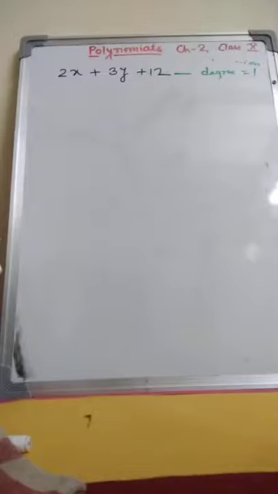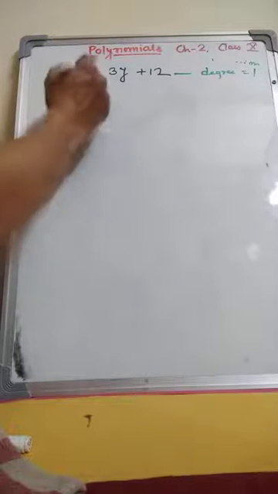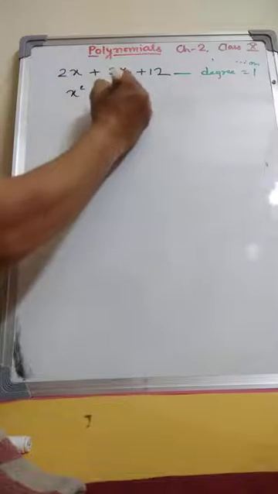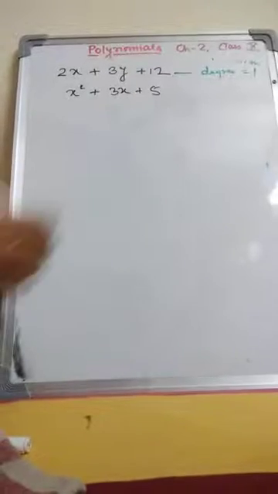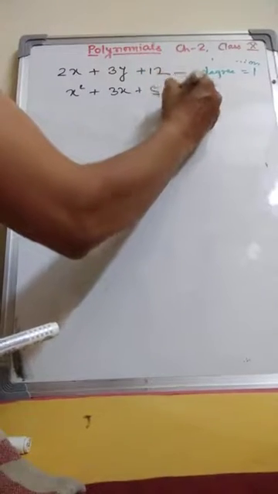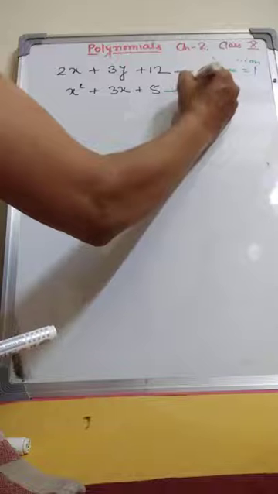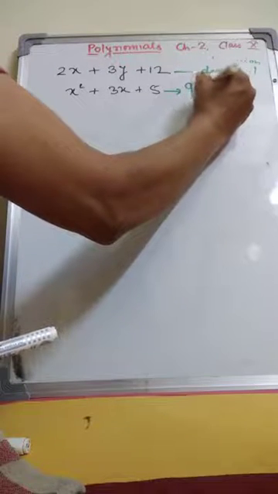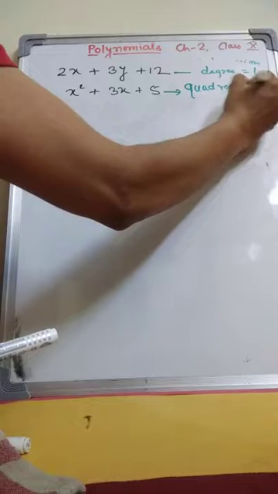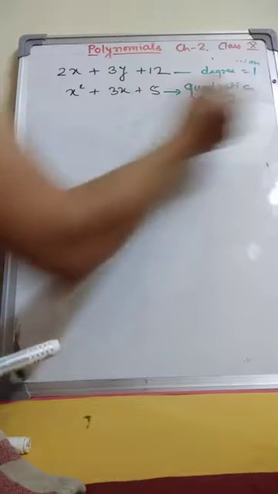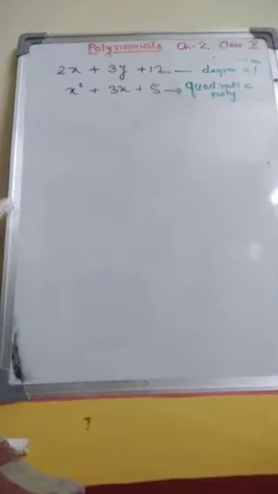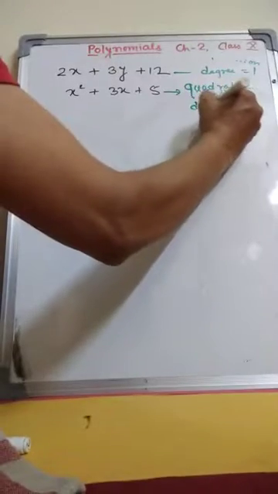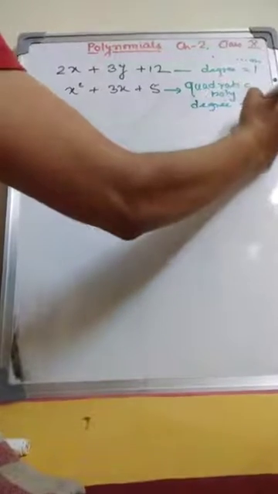Now x square plus 3x plus 5. Now it is a quadratic polynomial, as the degree is equal to 2.